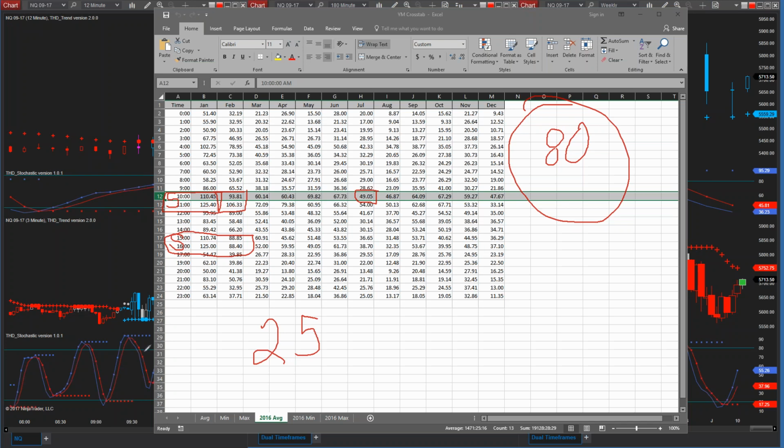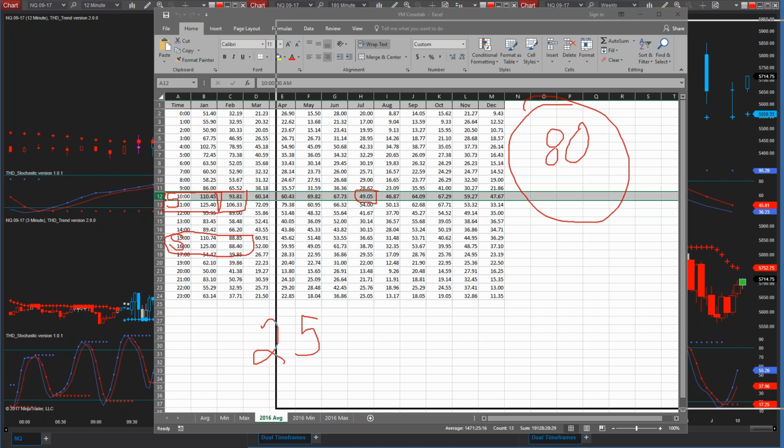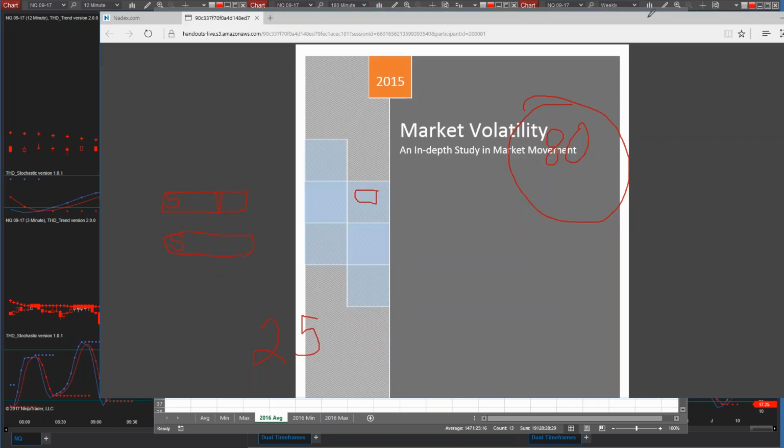The volatility report, which is listed under the handouts here, I'll just bring it up real quick. If you do not know what moves when it moves, then you download this volatility report.